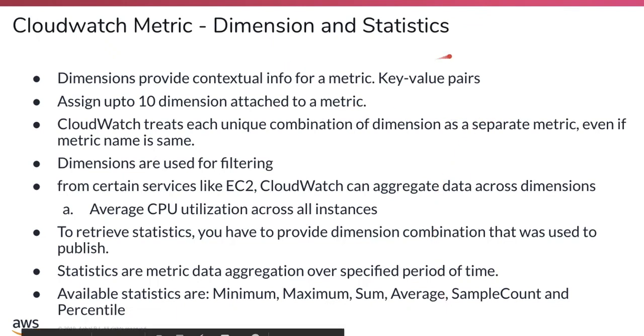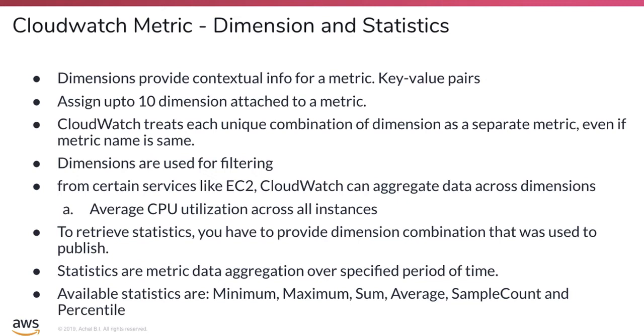Let's see what dimensions and statistics mean. Dimensions provide contextual info of the metric. They are basically key value pairs. You can assign up to 10 dimensions to a metric. CloudWatch treats each unique combination of dimension and metric as one unique combination. A dimension can be, as I told, instance ID, and let's say the metric is CPU utilization.